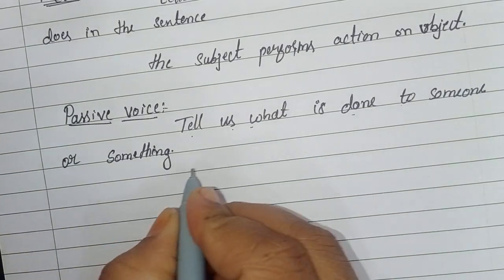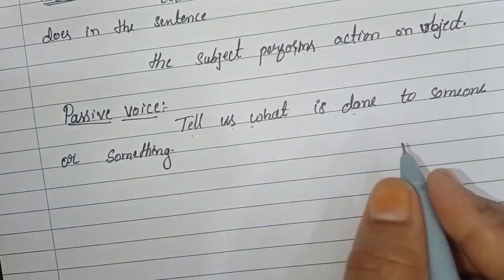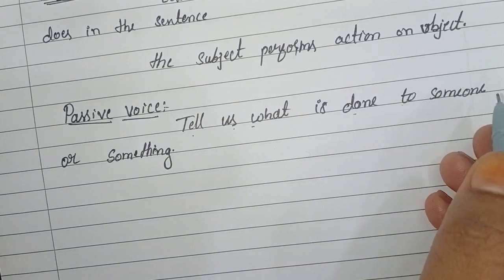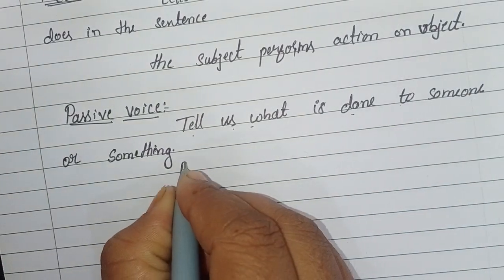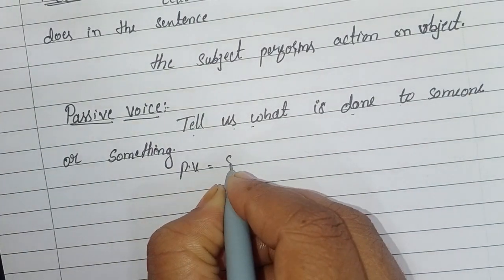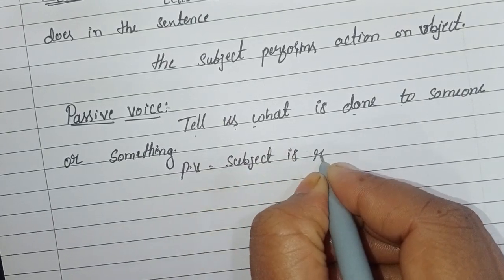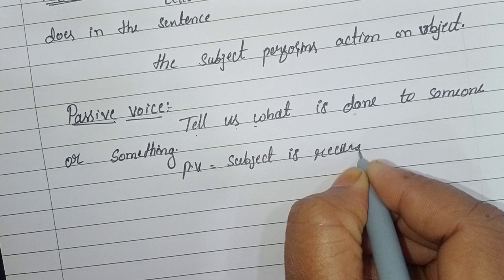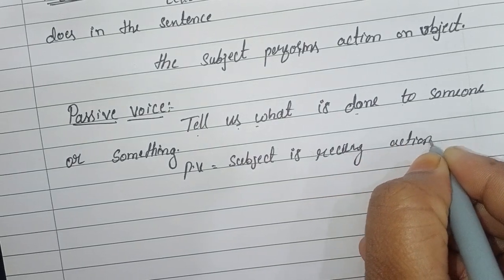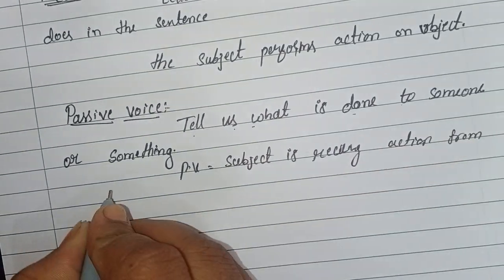In the active voice, the subject performs the action on the object, whereas in the passive voice, the subject is receiving the action from the object.